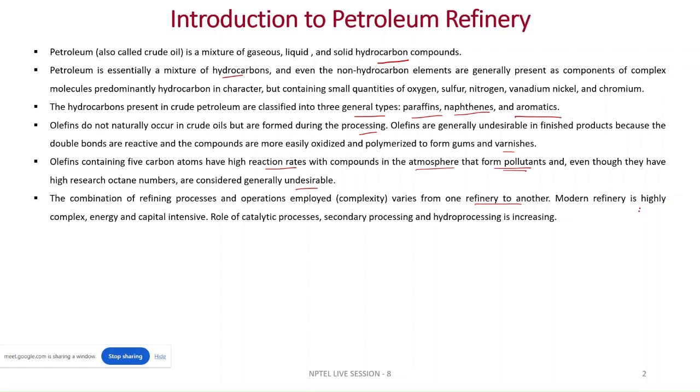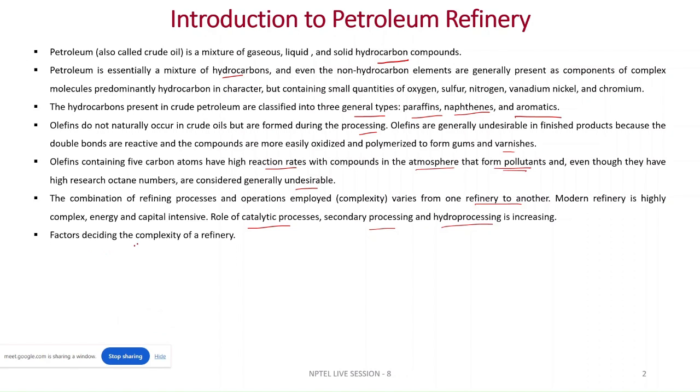Modern refinery is highly complex as well as energy intensive and capital intensive. The role of the catalytic processes, secondary processing, and the hydroprocessing are increasing in the modern refinery. What are this hydroprocessing and catalytic processing? We will be discussing in the subsequent slides.